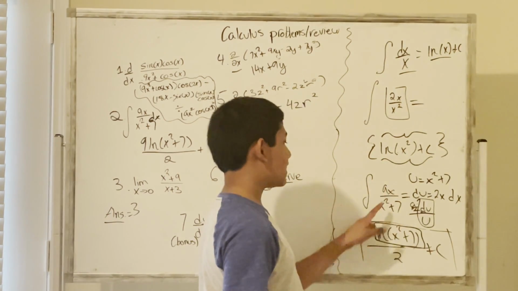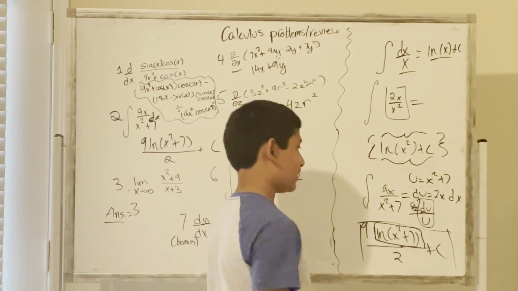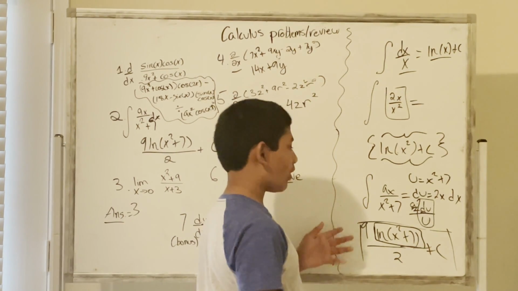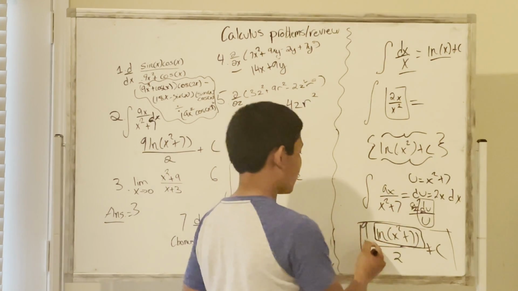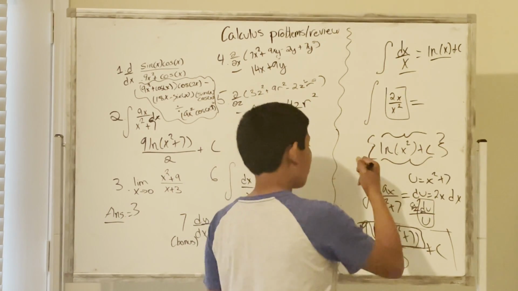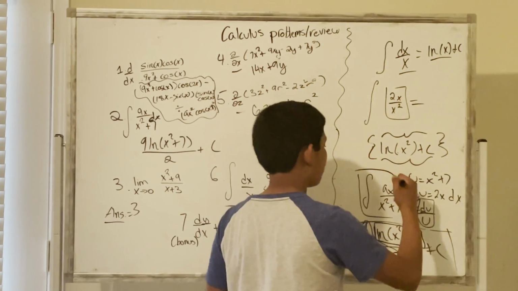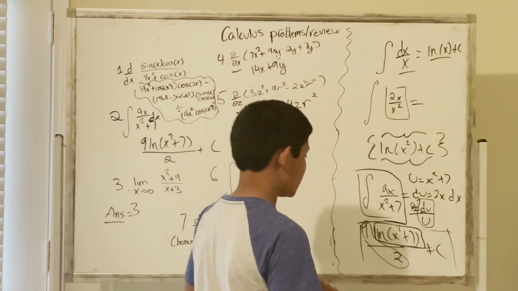So part of this and this, we'll get a coefficient of 9 halves to make this equation true. And then essentially we put the 9 halves over here, and that's how we get this. So right now in this integral, if we were to explain it more deeply, what we're doing is we're trying to make the numerator the derivative of the denominator.